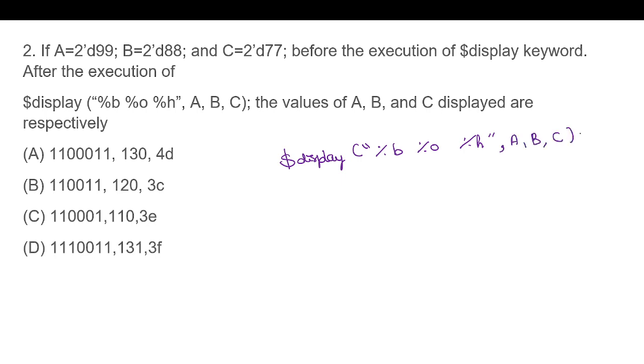So here A will be mapped, here B, here C. So A will be displayed in binary format, B will be displayed in octal format, and C will be displayed in hexa format.